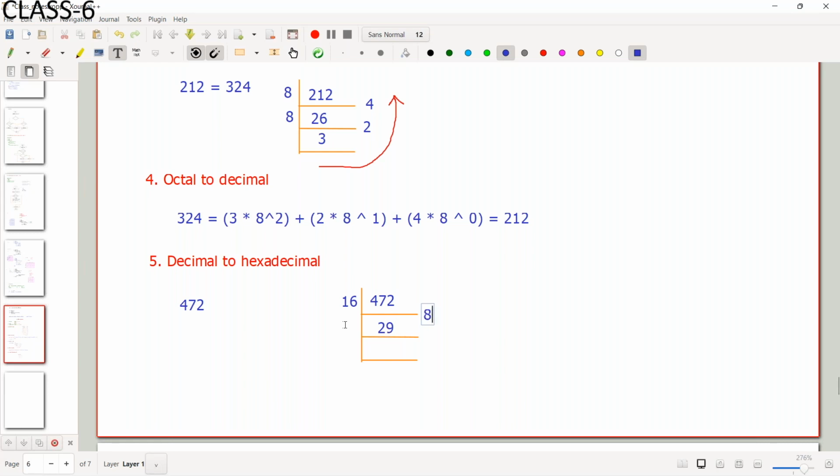Correct. Then again we have to divide 29 by 16. It is divisible only once, and the remainder here is 13. Again, that is the bottom to top approach.